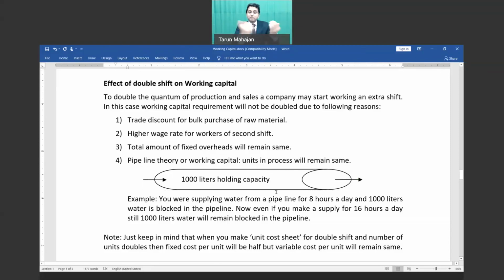But yes, it's a pipeline. From here the water enters, and from here it exits. And the water holding capacity of the pipeline is 1000 liters. So earlier, the municipal corporation was supplying water for 8 hours in a day.